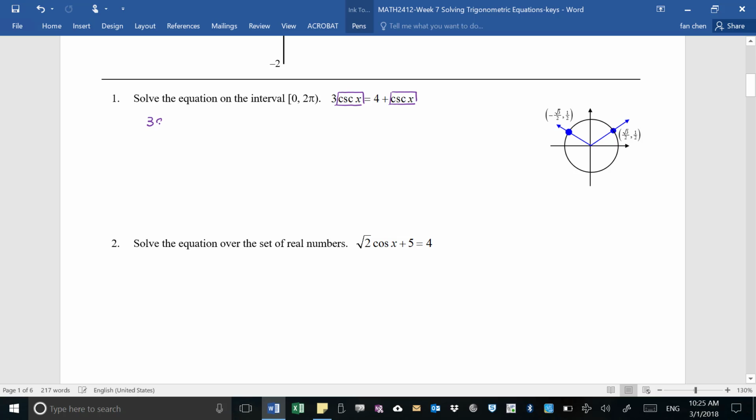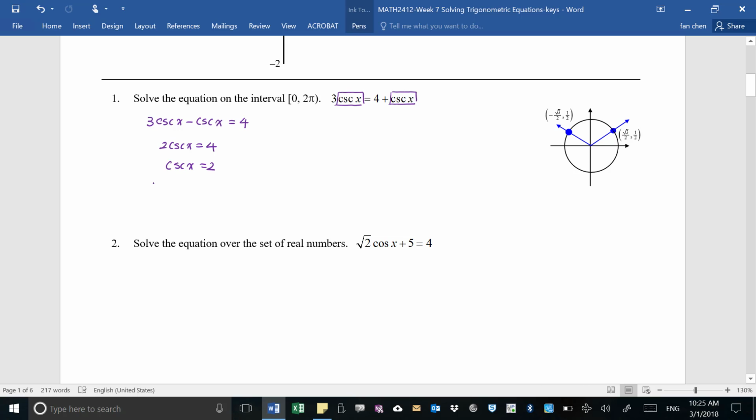That will be 3 cosecant x minus cosecant x, moving the cosecant x to the left-hand side, equals 4. So from here we get 2 cosecant x equals 4. Therefore, cosecant x is equal to 2.